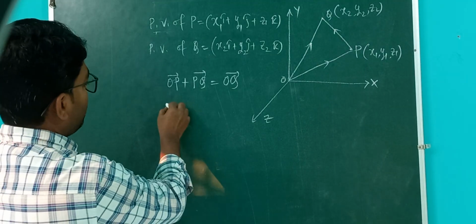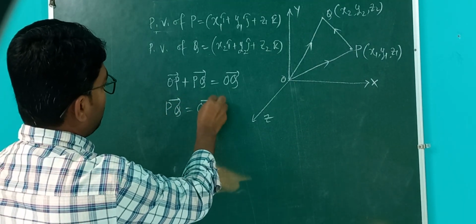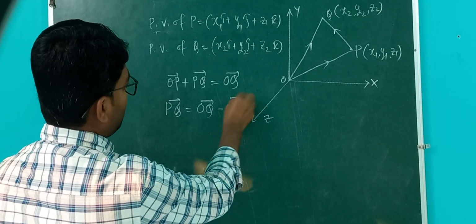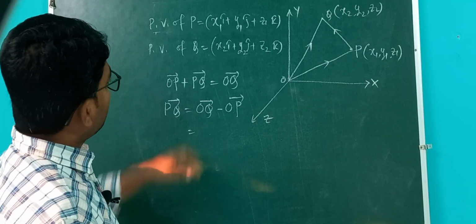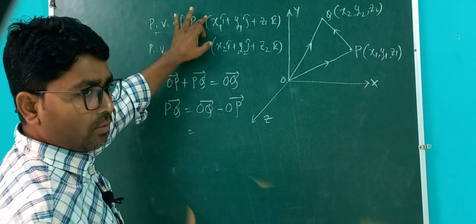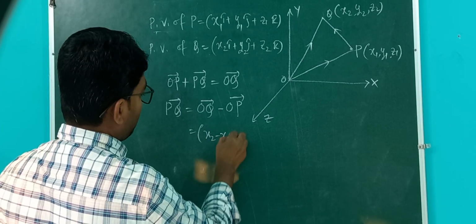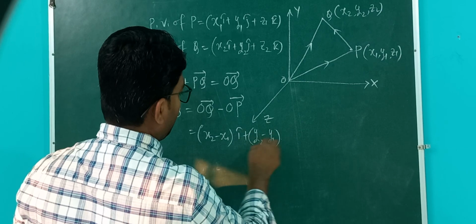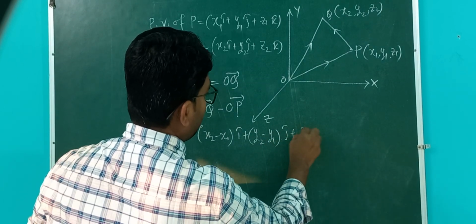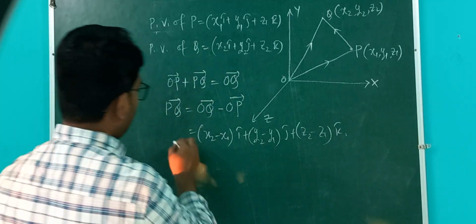Then what is PQ? PQ equals OQ minus OP, this vector minus this vector. Then x2 minus x1 i, y2 minus y1 j and z2 minus z1 k.